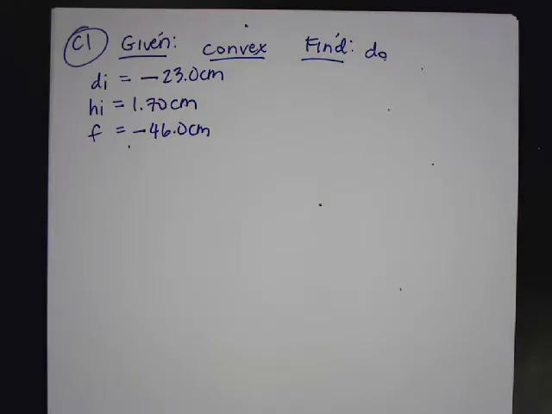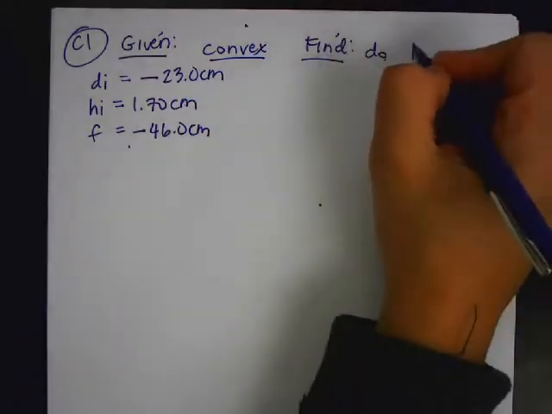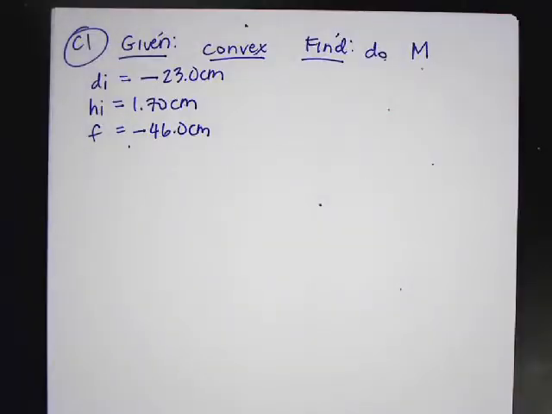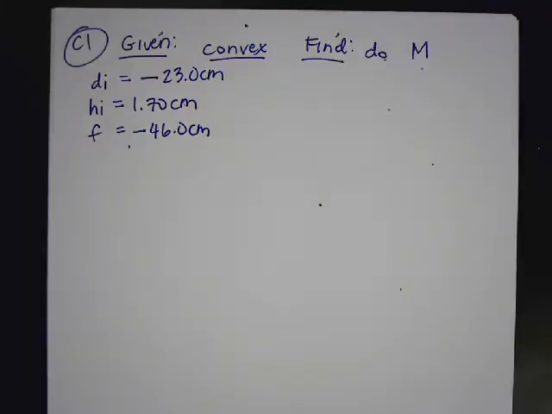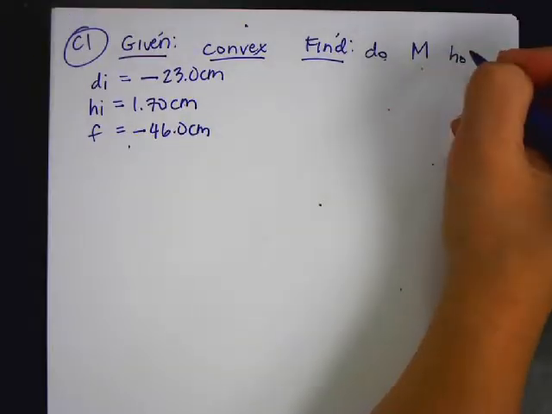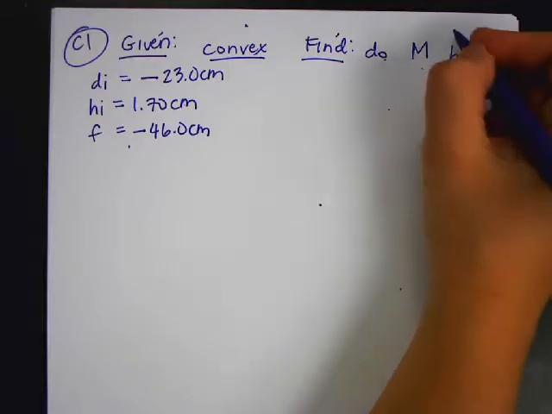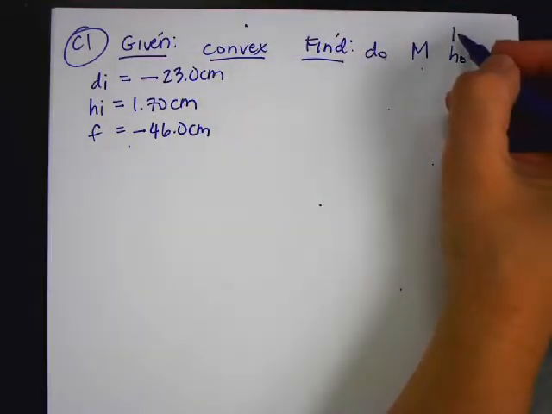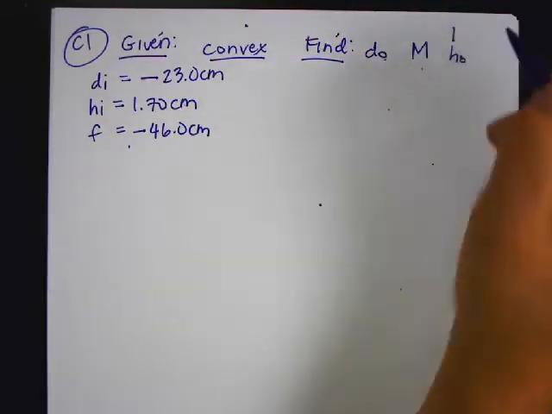What is the magnification of the image? So we want to find M. And is the image real or virtual? Is the image inverted or upright? And how tall is the actual crayon? That's going to be HO.